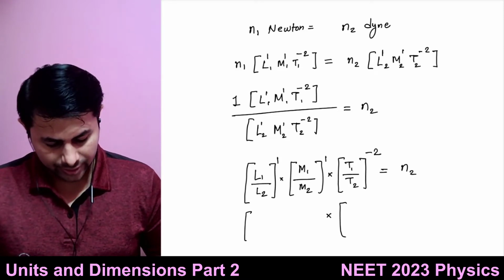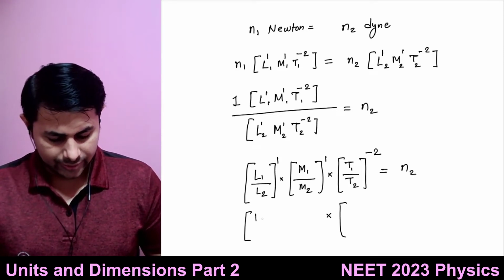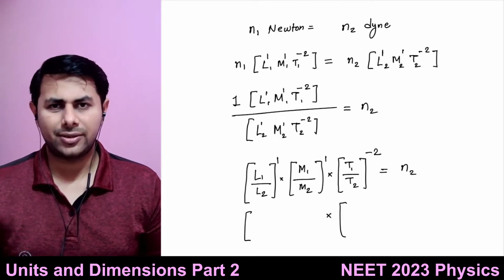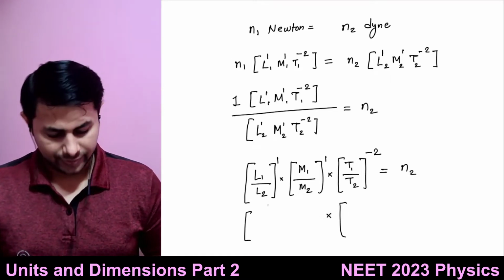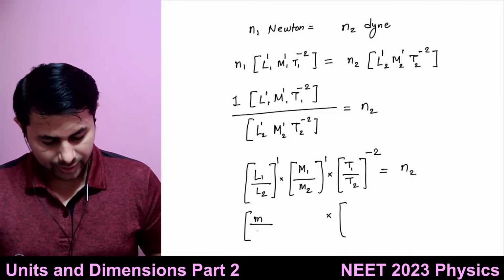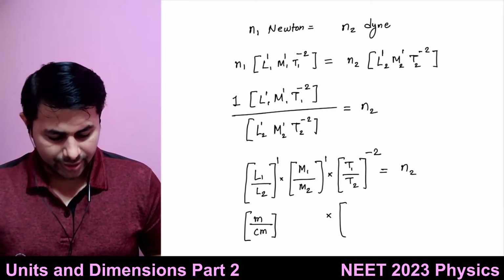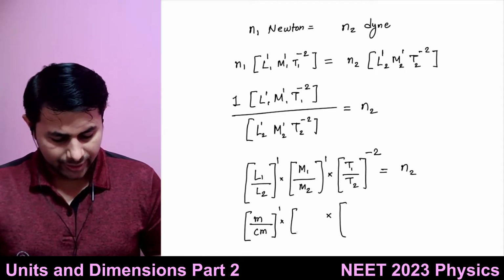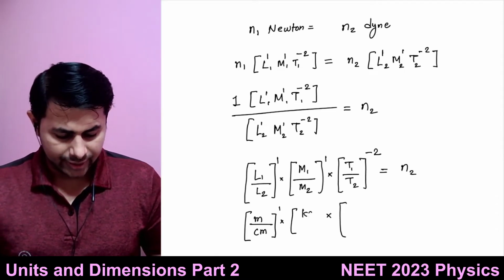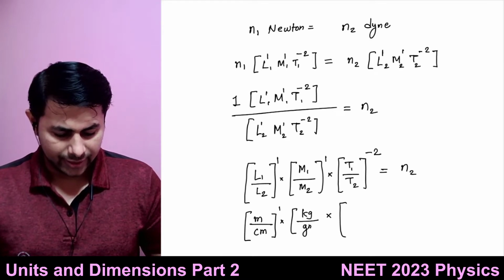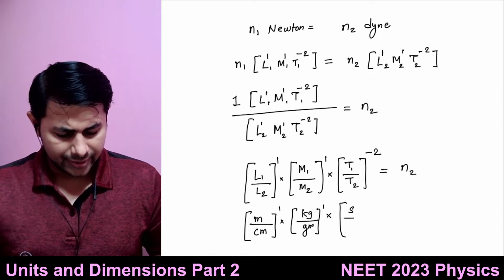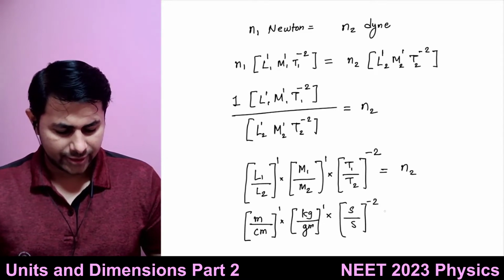Alright, so let's substitute the units now. L1 is the unit of length, so what is that? Meter. Here it is centimeter. So meter upon centimeter raised to 1, multiplied by kilogram divided by gram raised to 1, and second by second raised to minus 2.